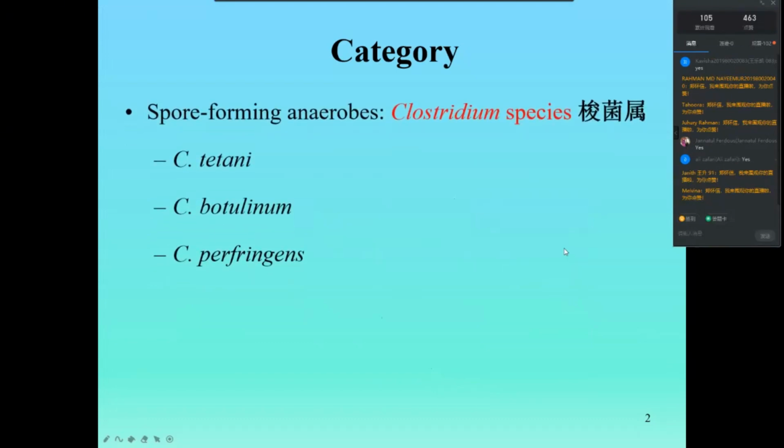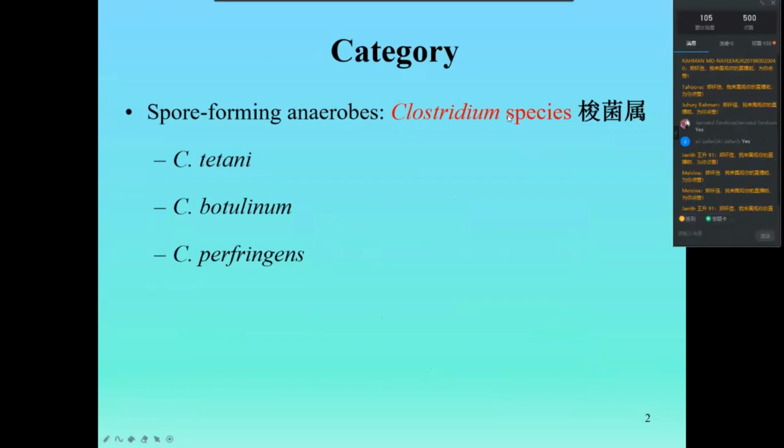In this big group, there are two big subgroups. One is the spore-forming anaerobes. Spore-forming means this group of bacteria can form spores. And we'll introduce the genus Clostridium.